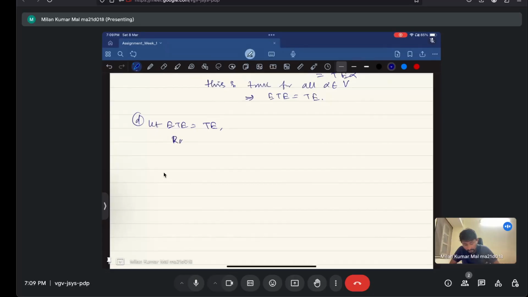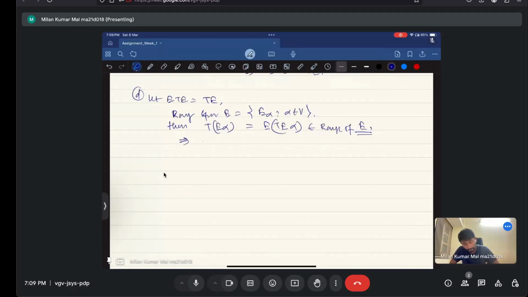Then the range space of E is equal to the set of vectors E alpha, alpha coming from V. Then we have to show that T of E alpha is in it. But T of E alpha is equal to E T of alpha. That is again contained in the range of E. That's all.